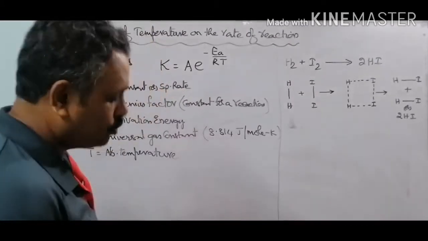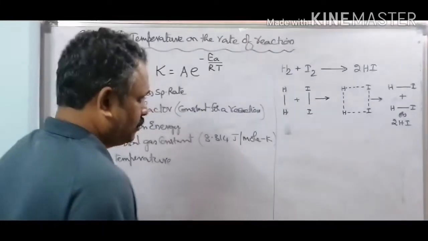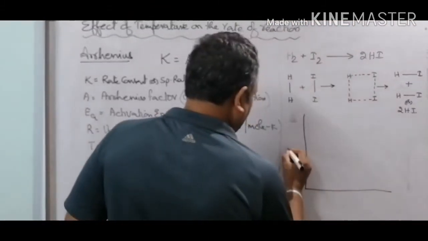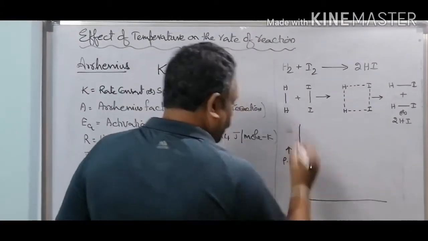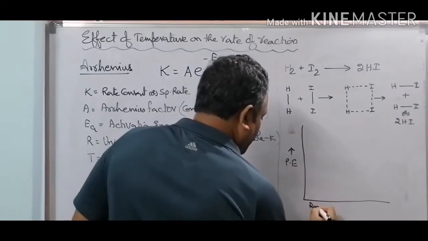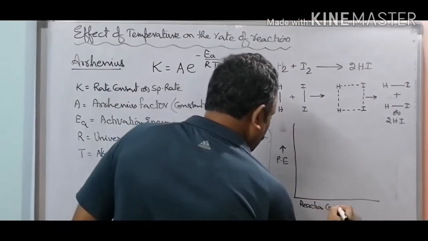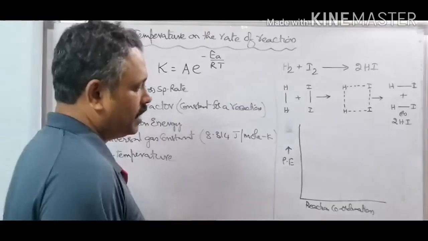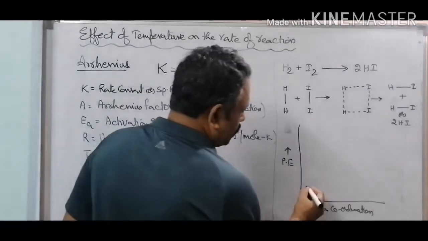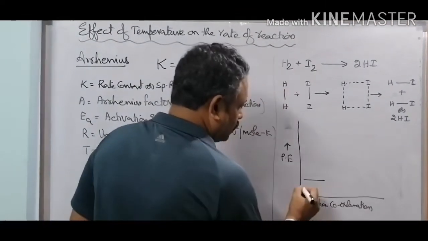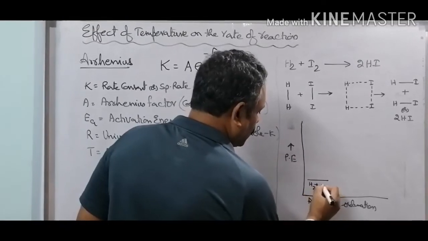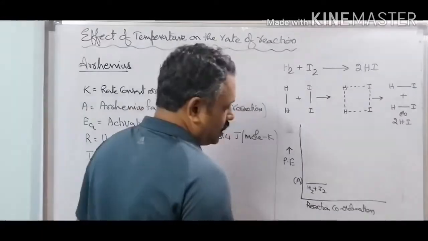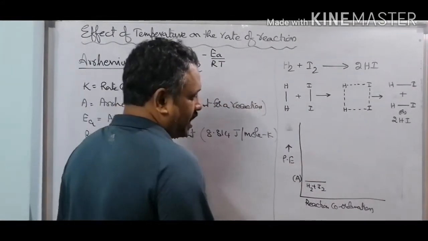Now, if you want to show the energy changes in this particular reaction, let us take the variation in the potential energy against the reaction coordinate. Reaction coordinate refers to the change in the reaction. You can observe that when you took the reactants, hydrogen plus iodine, let us call it condition A, which will be the energy possessed by the reactants.